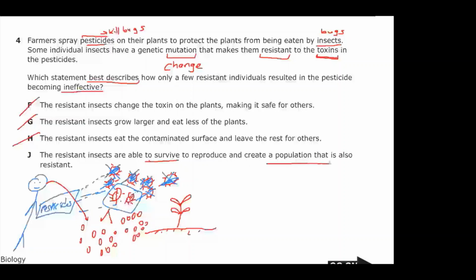That's why the toxins or the pesticides are not effective anymore, because those surviving parents have the gene that is resistant to toxins, so that's why they survived, and then they can pass these genes along to their offsprings, and their offsprings can also be powerful against those toxins, and then they can survive, and then pesticides become ineffective. And our answer is J in this case.